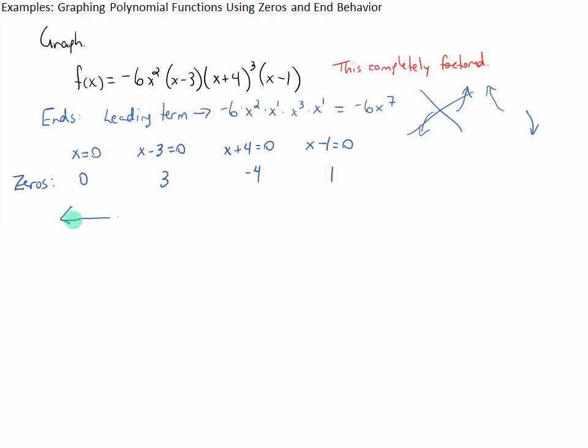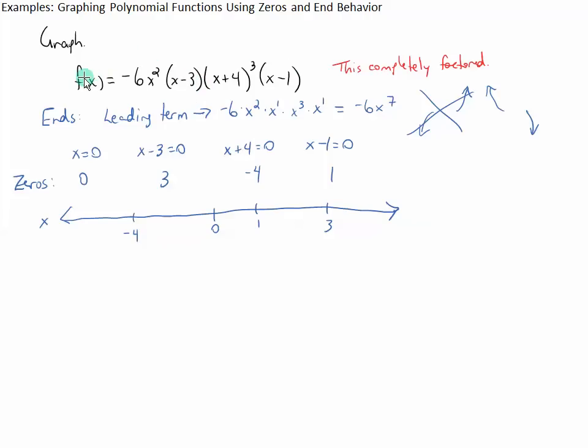So I'll set up my number line now. And these will be x values, right? So I need to list -4. I need to list 0, that's the next one. I need to list 1, and I need to list 3. And at those x values, the whole right side is 0.